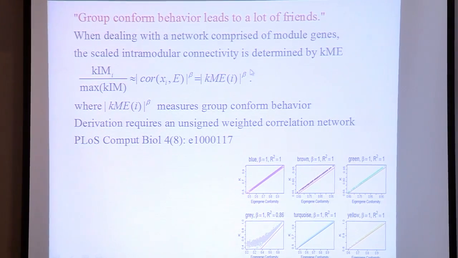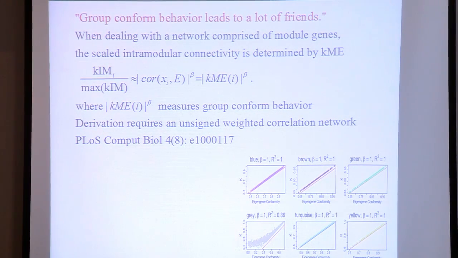Again, there's actually some very nice mathematical theory, and you can prove that theory. But never mind the math. Let me show here a plot where I plot on the y-axis intramodular connectivity scaled by its maximum versus the KME measure on the x-axis for this power of 1. And notice I find almost straight line relationships. These are r squares of 1.